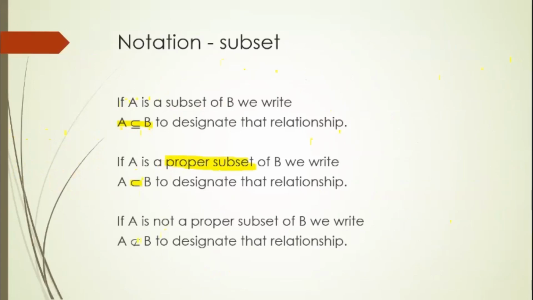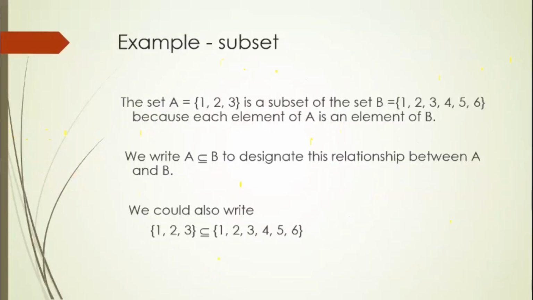And if A is not a proper subset of B, again, you have here the word not. We're just negating the proper subset. Okay, just like the not element of, not a member of. You will see that there is a diagonal line.